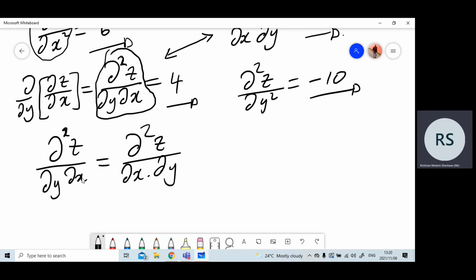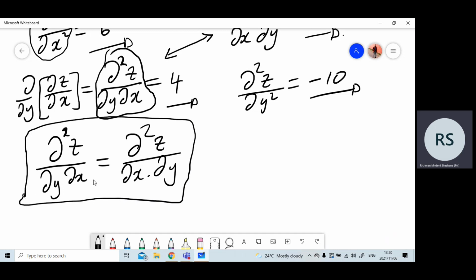Okay, so these are always going to be equal. You're always going to find this equal. So when you're finding this second derivative, you can start with any variable, it's up to you.